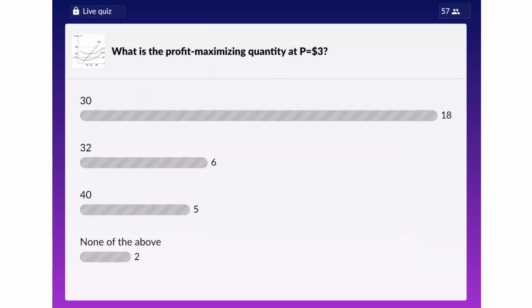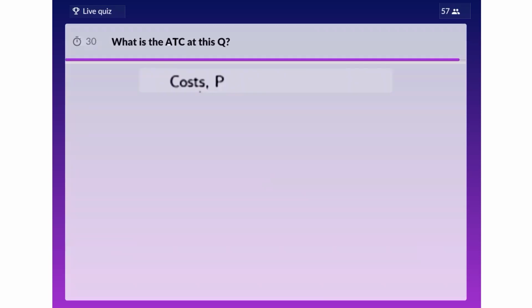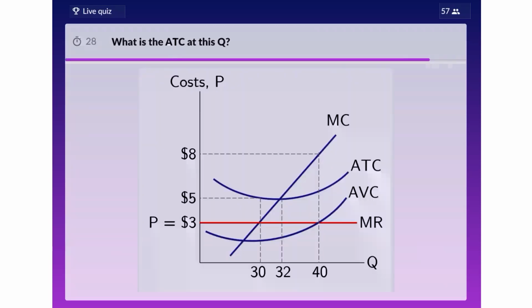Okay, so the majority of you say 30, some say 32, 40, and the answer is 30. Okay, what is the ATC at this quantity?